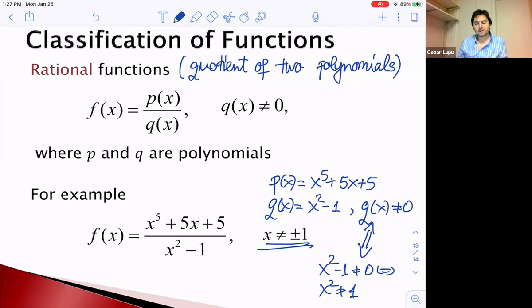In this circumstance, this function will exist. So f will be defined on R, and I will take out these two values, plus minus 1. This is how I will define my rational function.